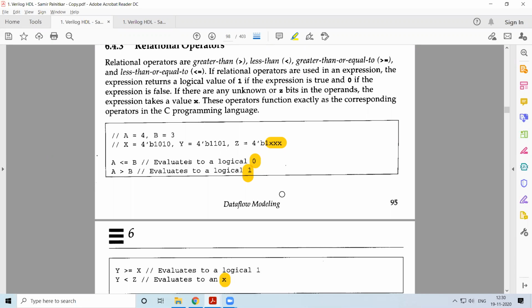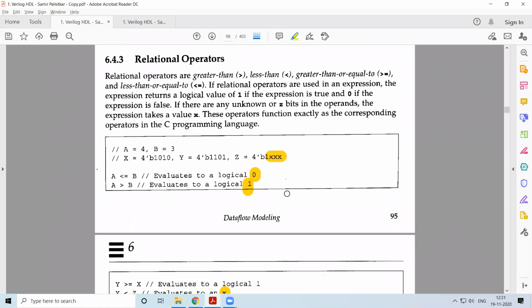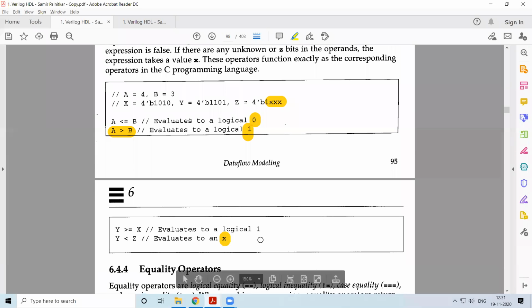So relational operators also lead to a one bit result, that is either true or false. If A is greater than B, true, or it might be false. If there is any bit which is either Z or X, that is high impedance value or unknown value, then it evaluates to X, that is an ambiguous value.